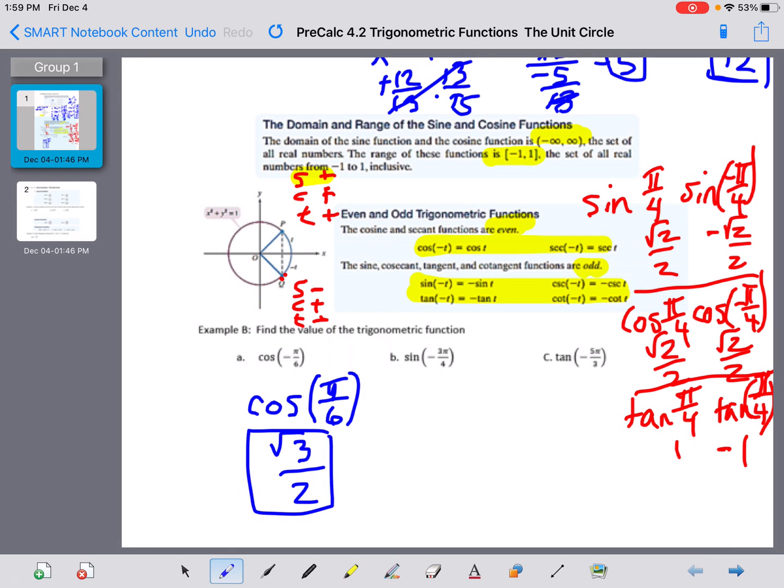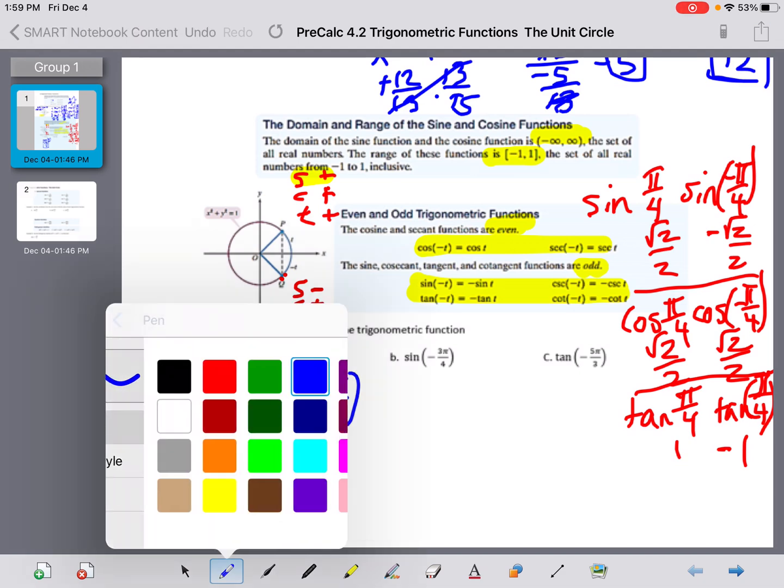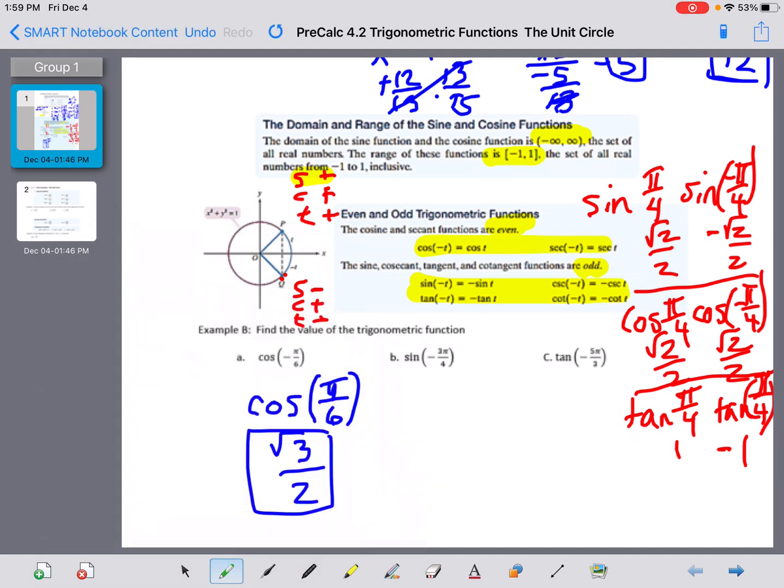Now, when I get to the next one where it says the sine of negative 3 pi over 4, I know that sine is odd. So that means this negative needs to come out front. So it's going to be negative sine of 3 pi over 4. And now I can go to my unit circle to 3 pi over 4. Well, 3 pi over 4, that is in my second quadrant, right?